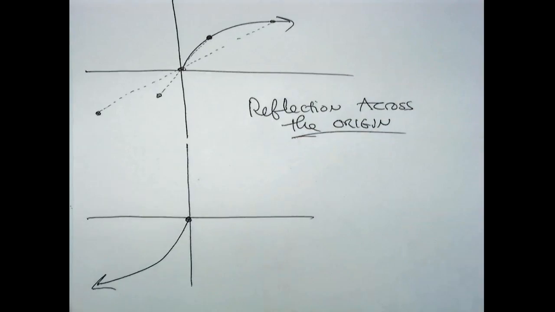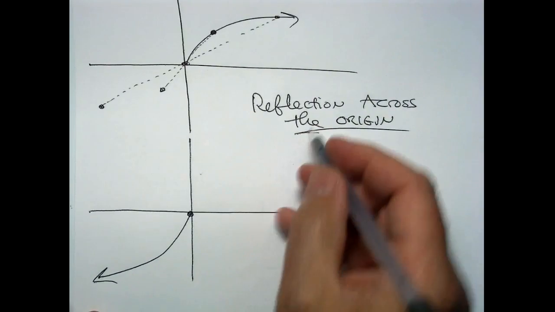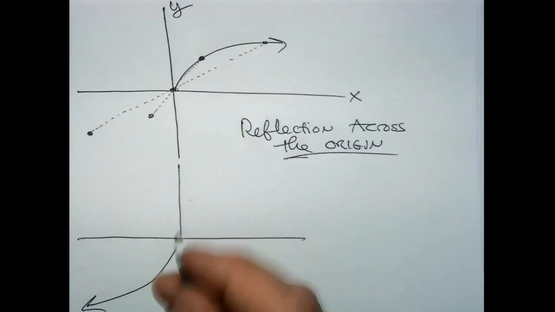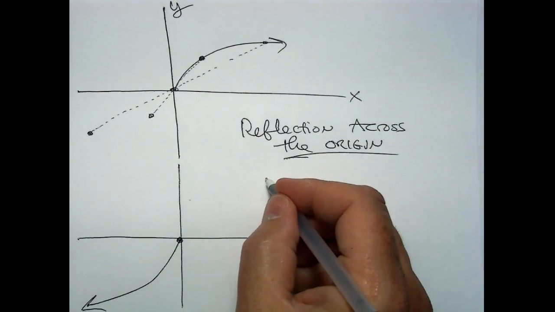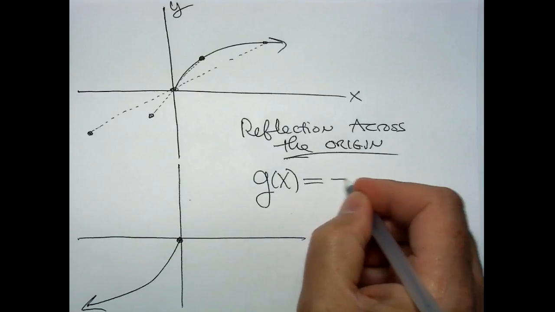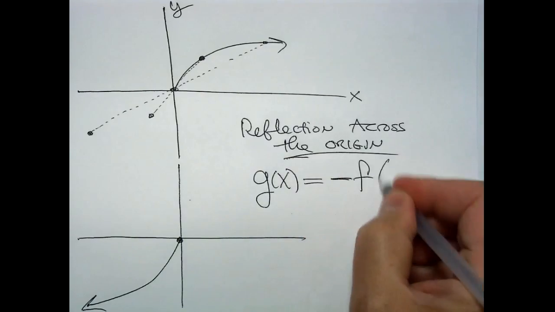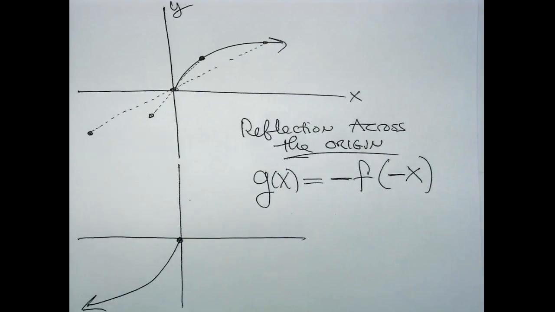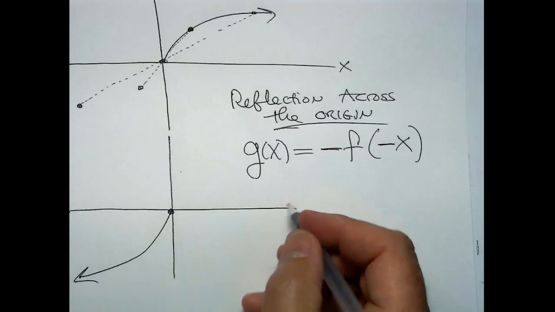All right, reflecting across the origin. Well, you need to reflect across both the x and the y-axis, so you need to do both. You need to take this new function and put a minus sign in front of the old function and inside the old function, both of them, inside and out. So what does that look like for our function?